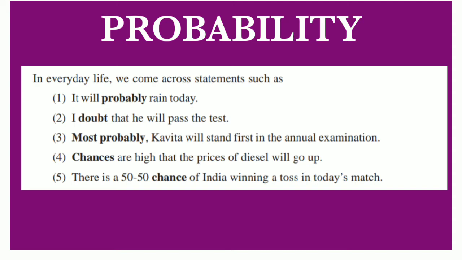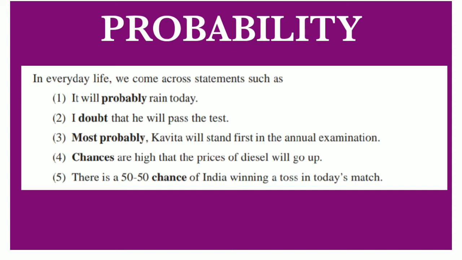For example, in the first one, probably rain will mean it may rain or may not rain today. We are predicting rain today based on our past experience when it rained under similar conditions.